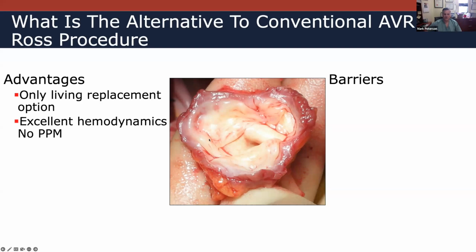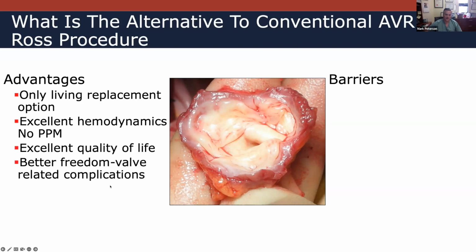The Ross has excellent hemodynamics. I've never seen a Ross come out of the OR or have an echo at 4 days, 1 year, or any of the Rosses I've ever done that has a gradient in double digits. The gradients are usually 2, 3, 4 millimeters of mercury, and I think you've all seen this in the echo lab. Patients generally have an excellent quality of life.